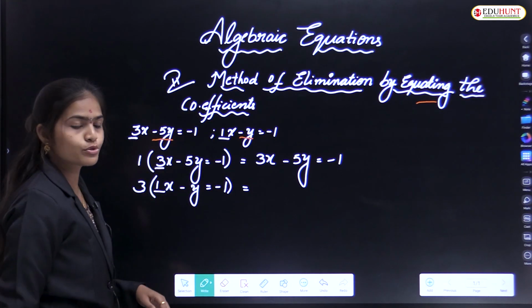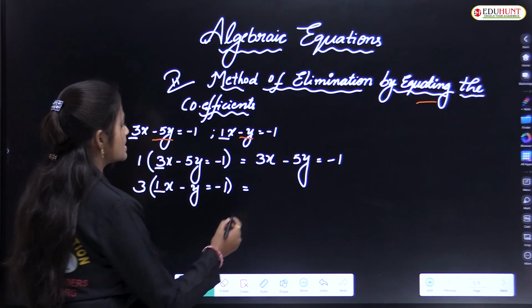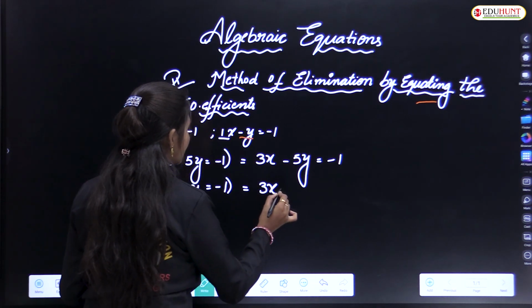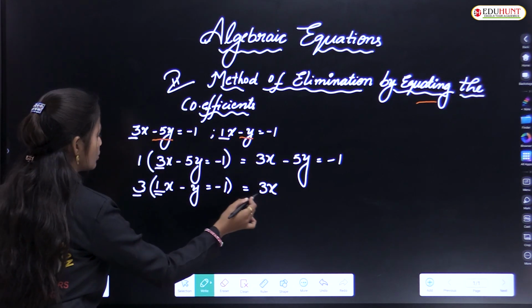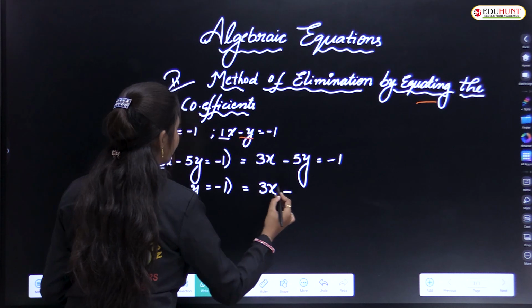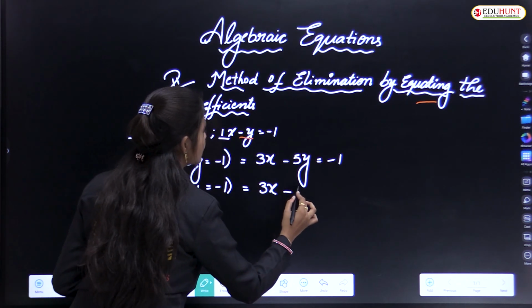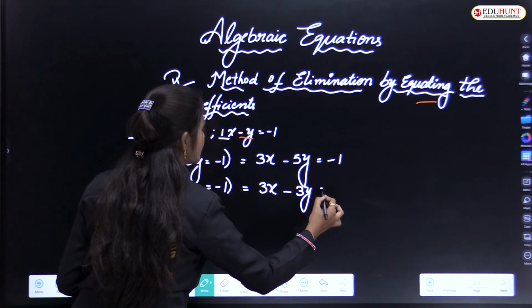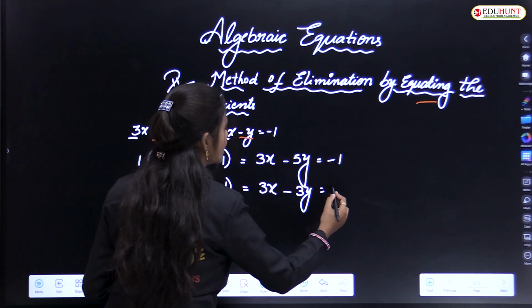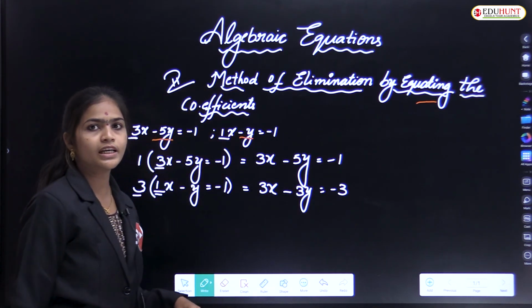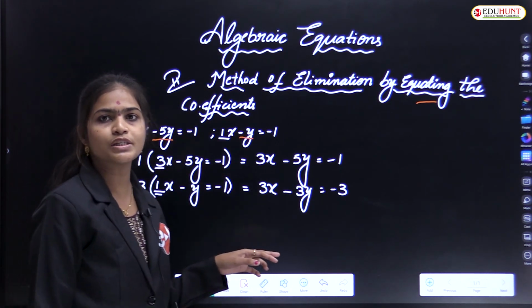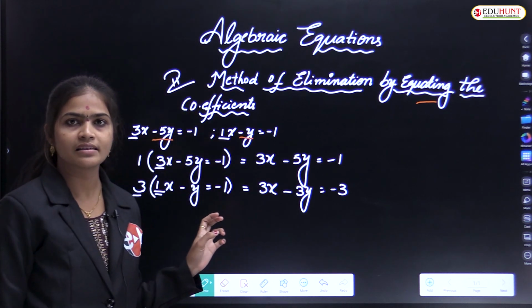So 3 into x is 3x, minus 3 into y is 3y, which is equal to 3 into minus 1 is equal to minus 3. Did you observe any change in the second equation? Yes, we got a change, right?